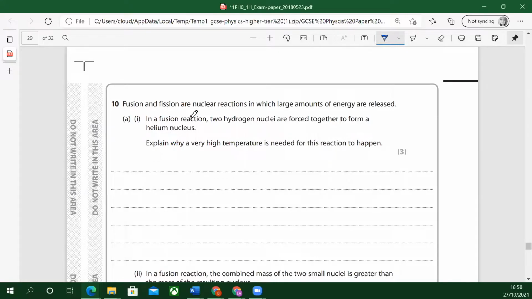So two hydrogen nuclei. You remember what hydrogen nuclei are? They are protons, and they both have positive charge. So hydrogen nuclei are protons, they are positively charged, and they repel each other.